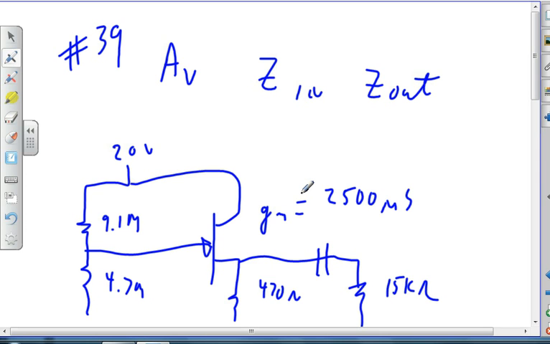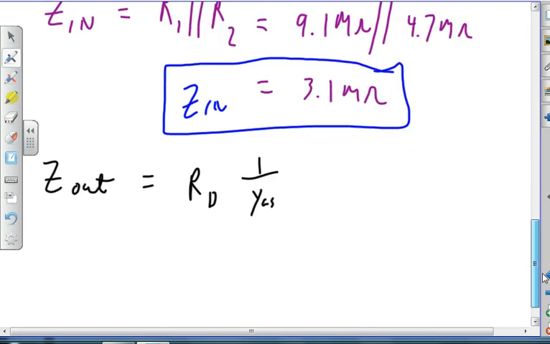Isn't the amplifier a common drain, which would just be 1 over GM parallel R? Did you find it in the book? On 730, yeah. The amplifier that we're looking at isn't a common drain. Oh, right. Z out is just RD parallel 1 over GM.